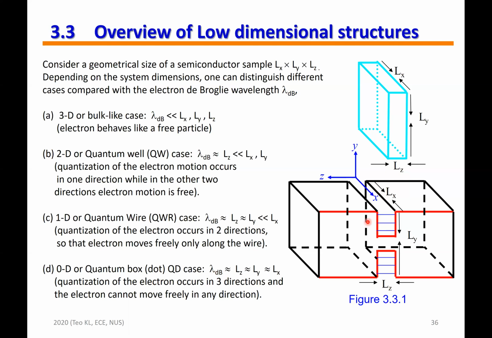So this is a three-dimensional view of a quantum well structure. This is the geometrical size dimension, same as this one. So it's free to move in the plane of the Lx and Ly directions, but is quantized in the z direction.